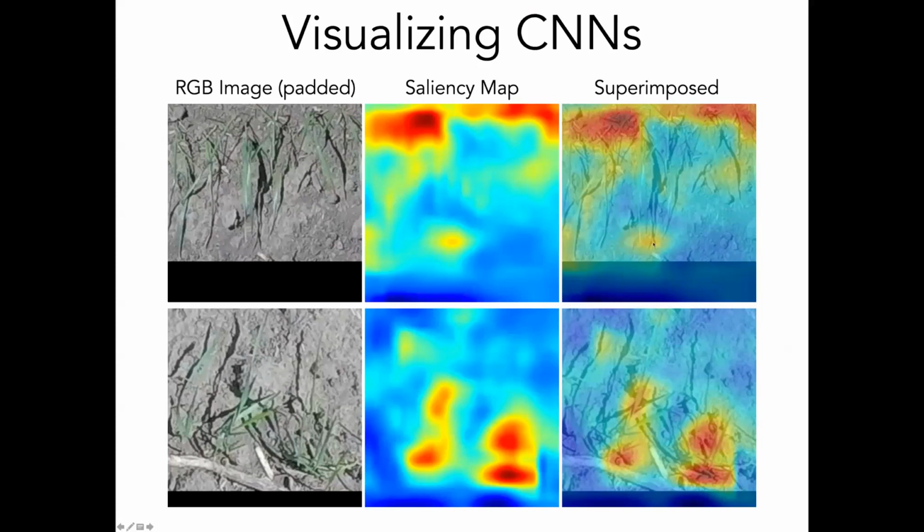And there are regions of overlapping leaves that are also focused on, which also mapped to the other aspect that the plant scientists were focusing on when they were counting. So these visualizations can help ensure that the network seems to be looking at the right part of the images, and can help provide a bit of trust as to how the network is working.